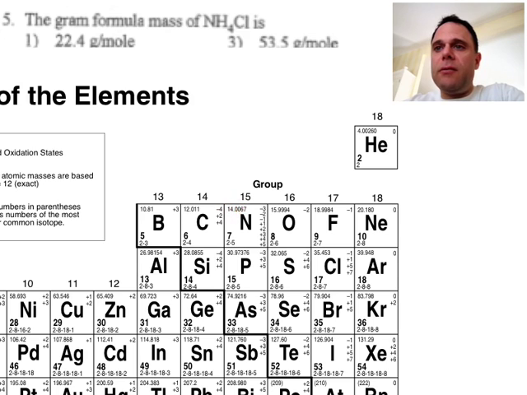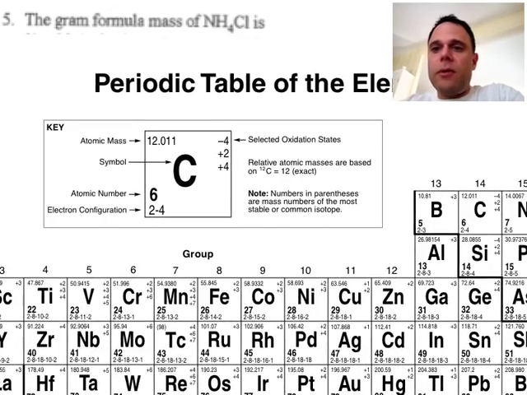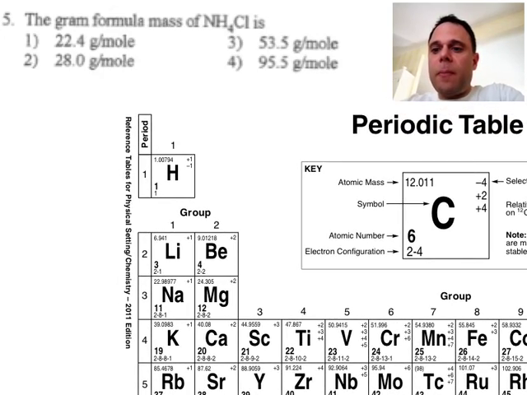Chlorine is here at 35.453, so it rounds down to 35. And hydrogen is over here at 1. So we have 14, 35, and 1. Clear.